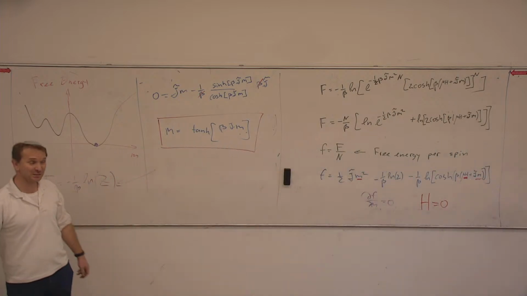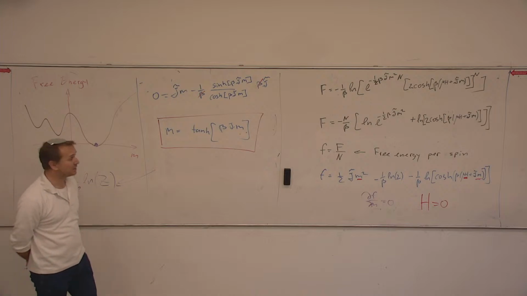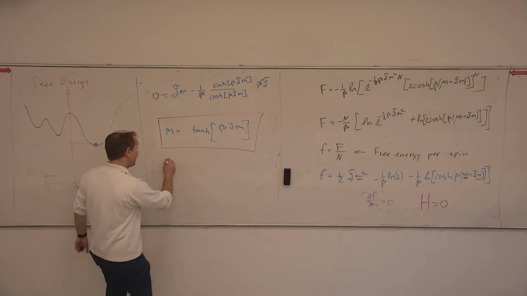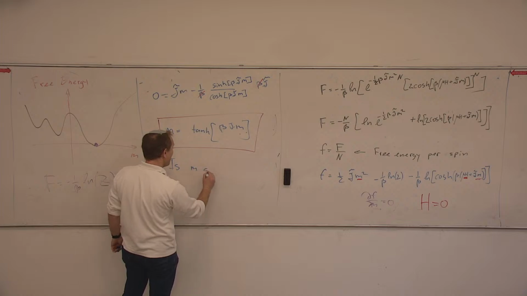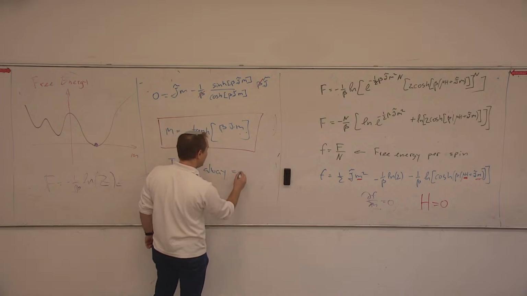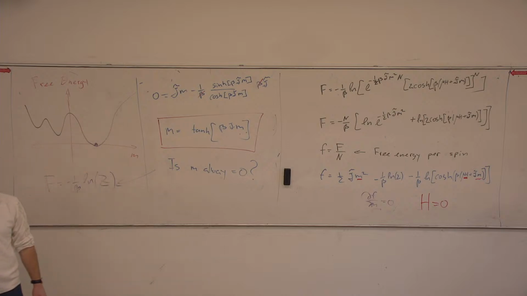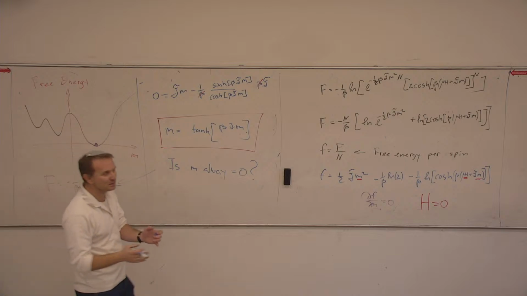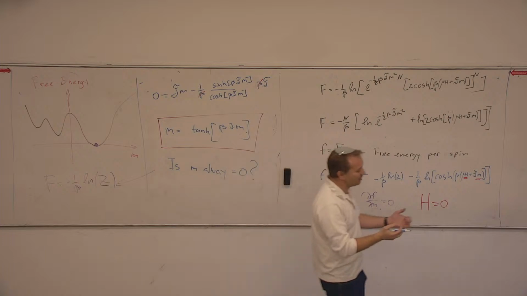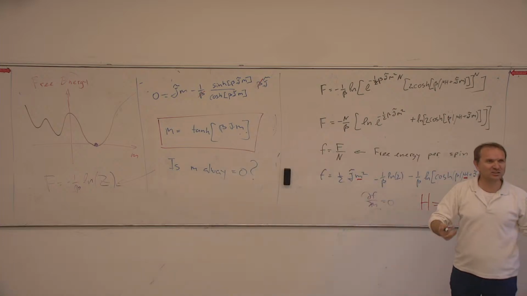But we can at least explore it. We can see what happens. So the question is, is m always equal to 0? Because if m always equals 0, then we're stuck. Why? Because, well, we got that interactions are not important.